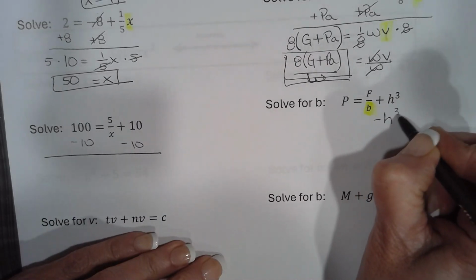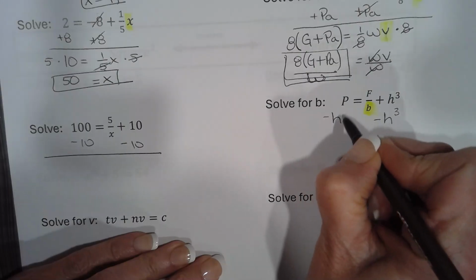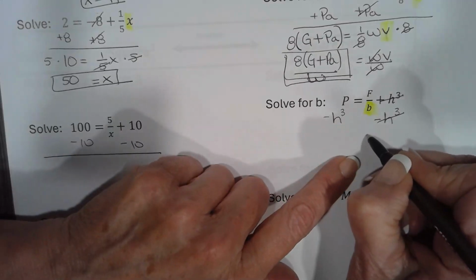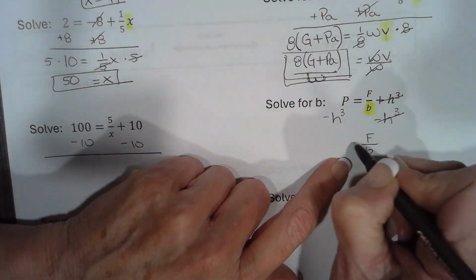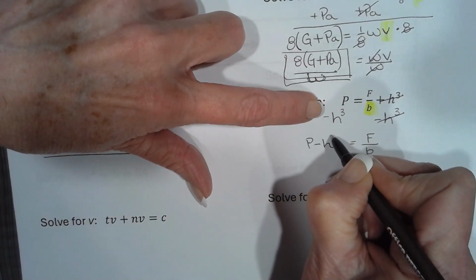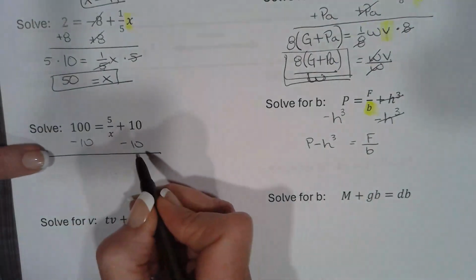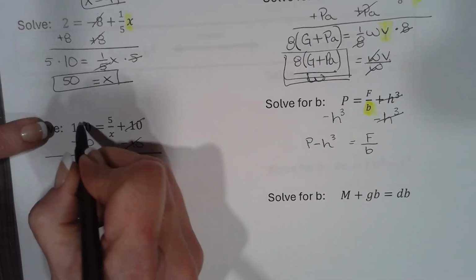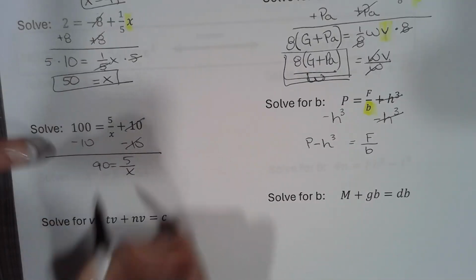I'm going to subtract h cubed. So I have f divided by b, and here I have p minus h cubed. Here I have 5 divided by x. 100 minus 10 is 90.